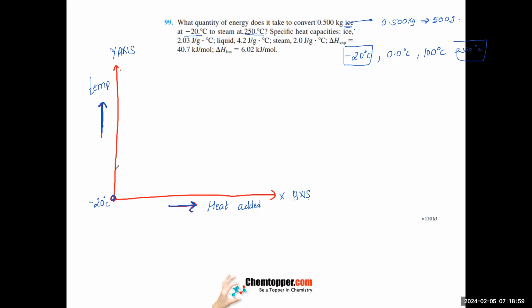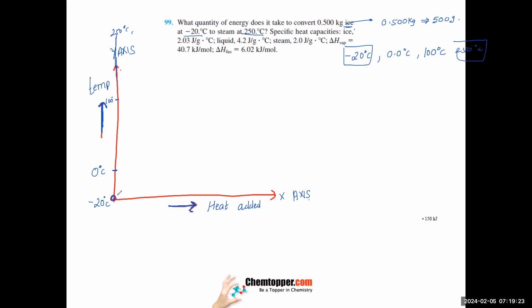And then mark 0 degrees, then mark 100 degrees, then mark 250. These can be estimated values. You need not be very accurate.